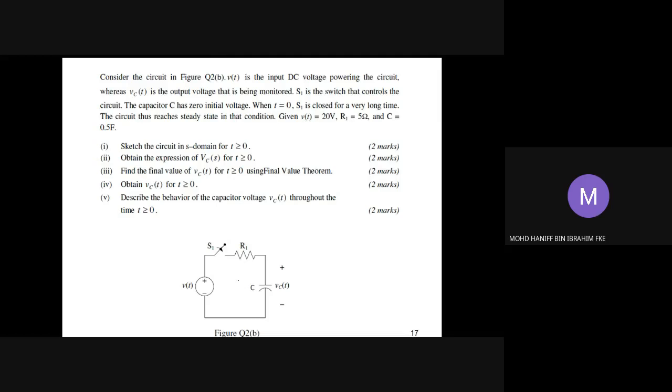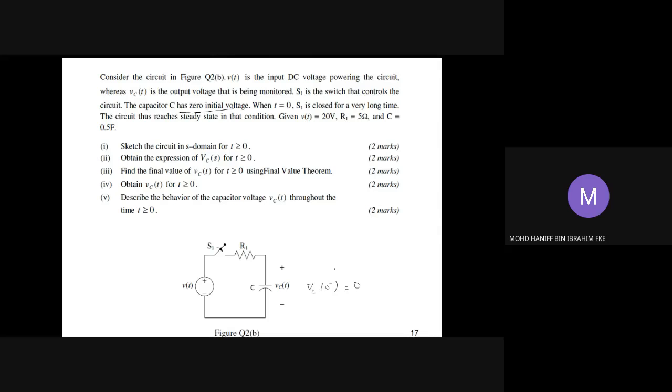Question number 1 is to sketch the circuit in the S domain for t bigger than 0. For t bigger than 0, it's given that the capacitor C has 0 initial voltage, which means that VC(0 negative) is equal to 0.